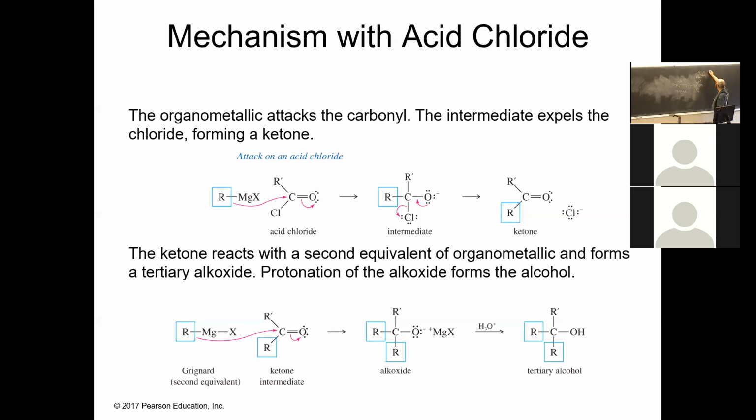So this gives us, and then, of course, we protonate it then.